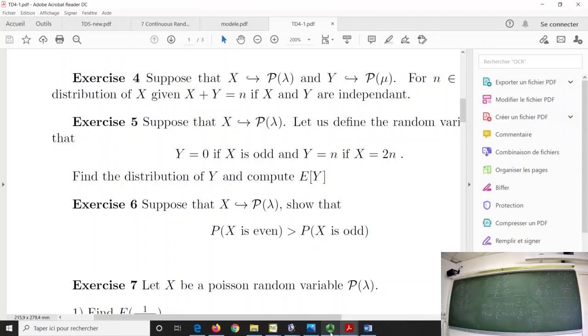So, three steps in this exercise. First, express what it is to be even and what it is to be odd, and then use sigma additivity. Then I have to compare two sums. The natural idea is to try to compare the general term. Unfortunately, it doesn't work because I don't have a general inequality, since I have something that depends on k.